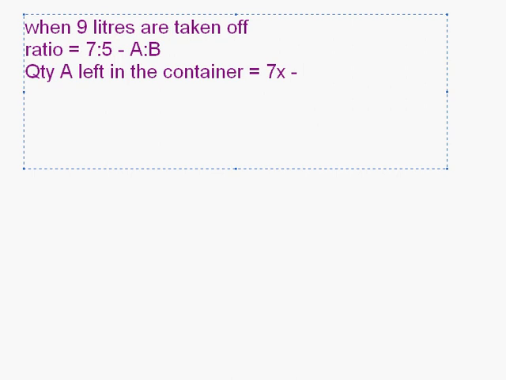So it will be 7x minus 7/12 times 9, because 9 liters are taken off, so 9 liters of 7 out of 12 parts will be 7/12 into 9. If we find it out, it will be equal to 28x minus 21/4.